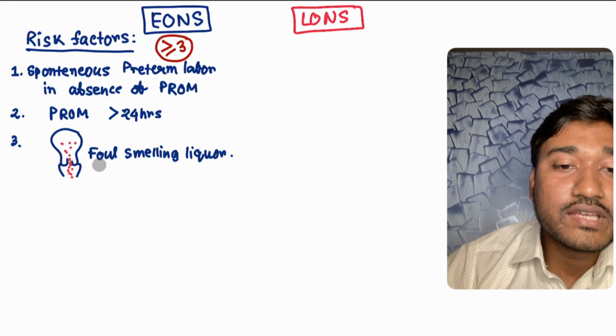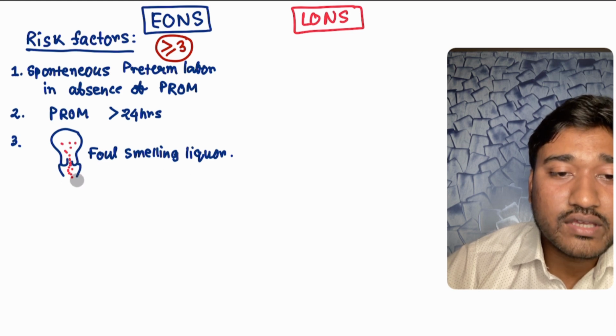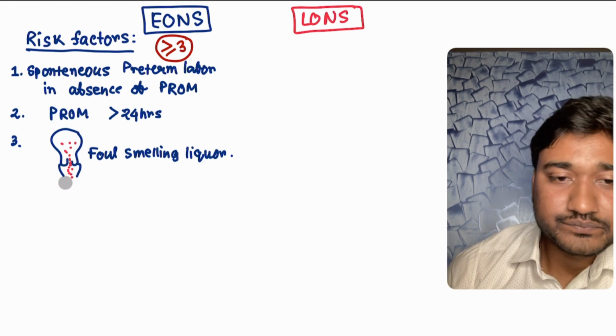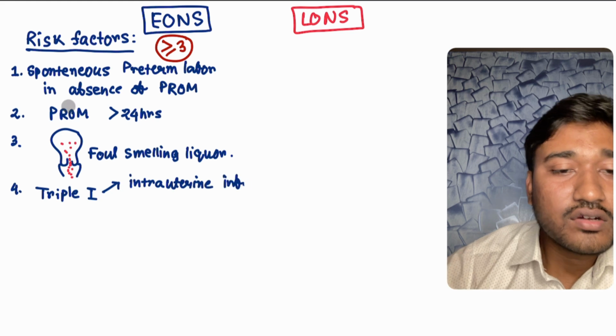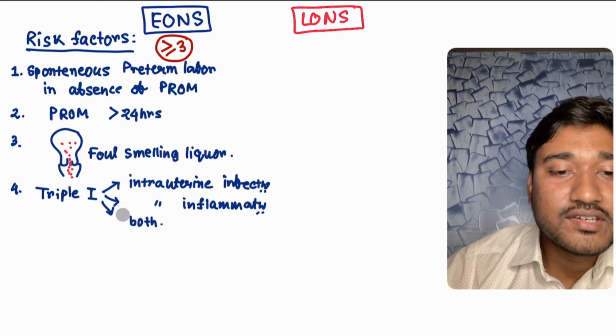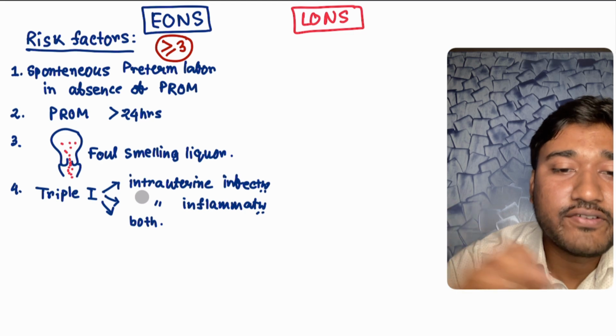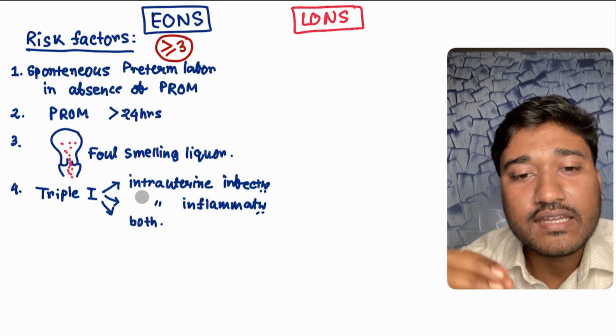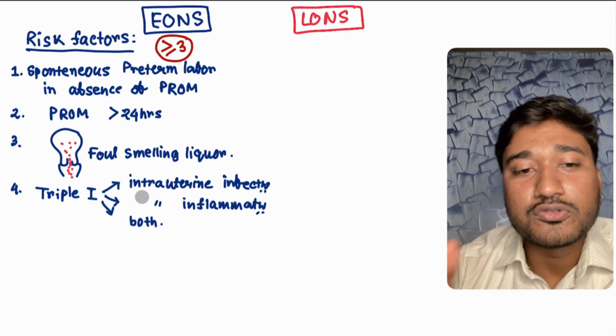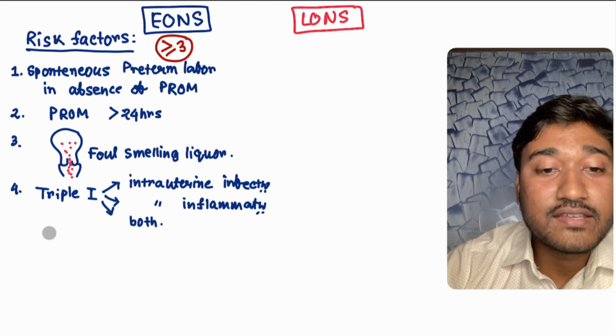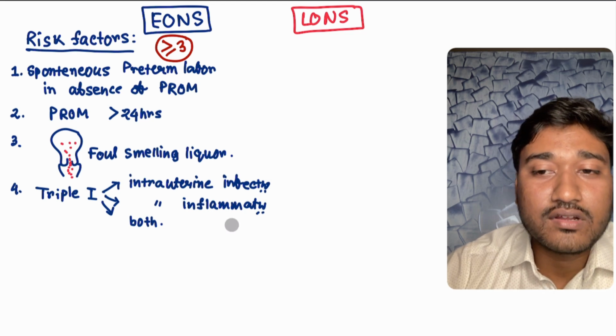Or it could be, look here, the foul smelling liquor, or triple I. Triple I means if there is sign of intrauterine infection or intrauterine inflammation, or both, we call it triple I. Triple I is a very, very important risk factor for EONS.